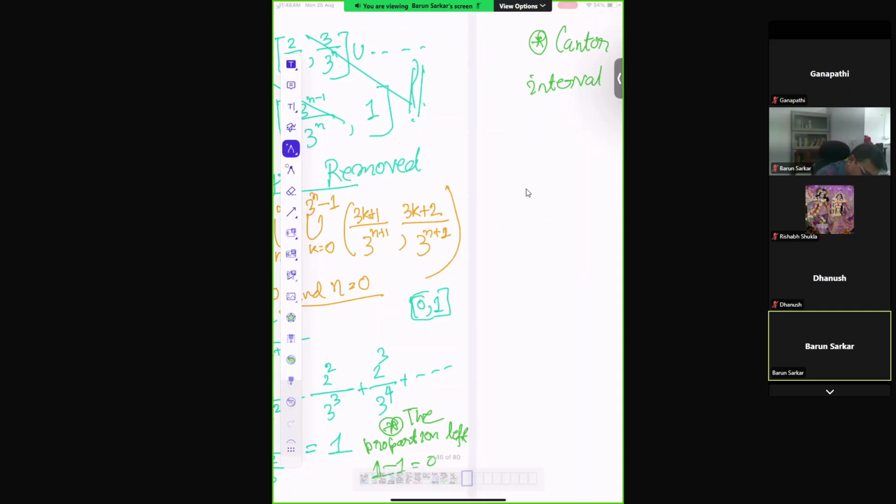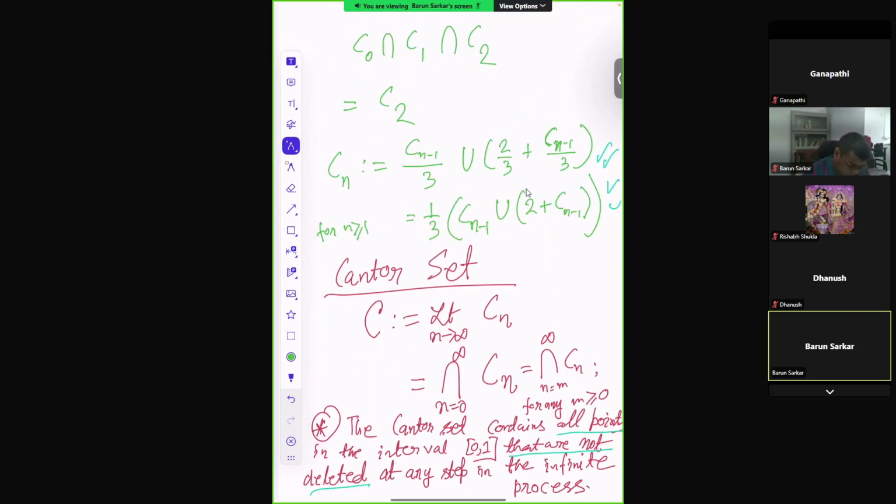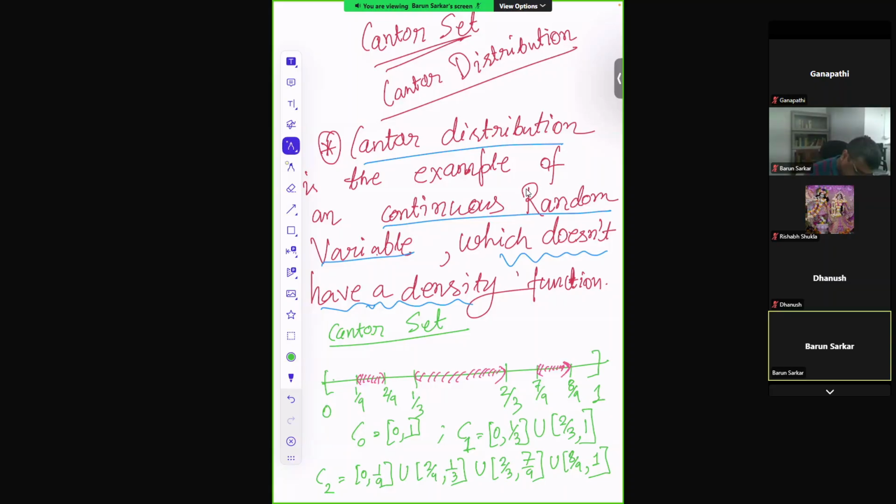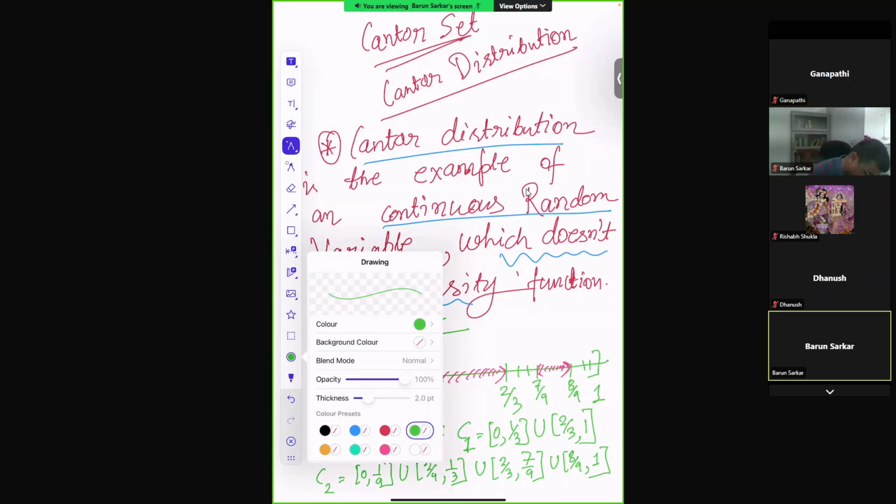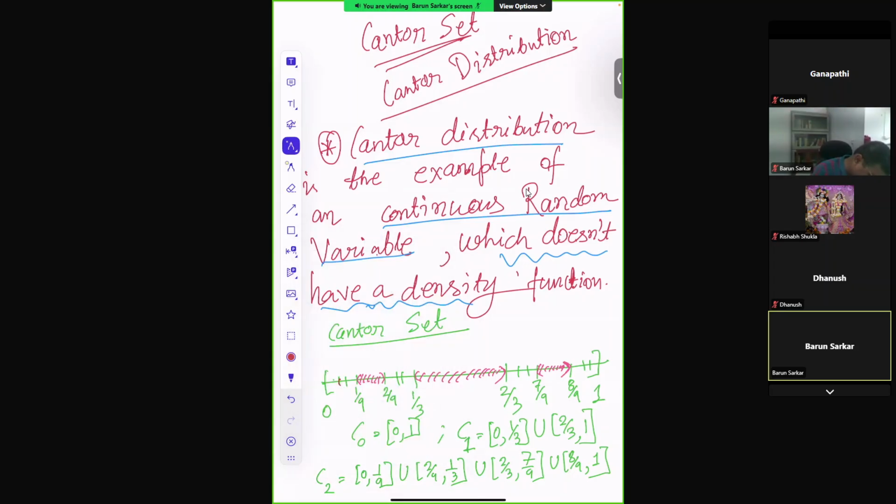And if you see the points, so whatever is there, you will continue. In the next step you will again divide these intervals and remove the inside parts. You remove these parts, and these parts.